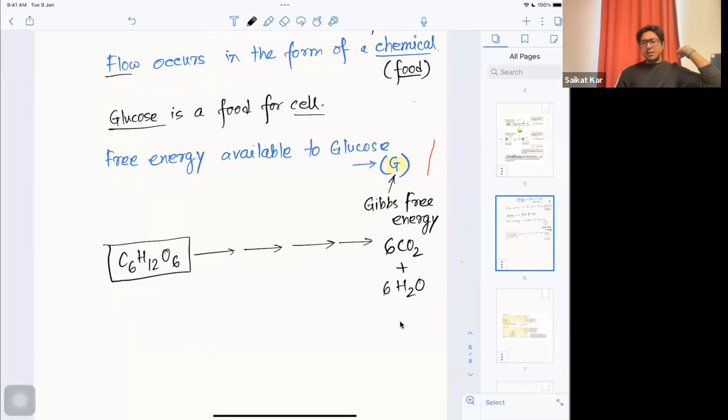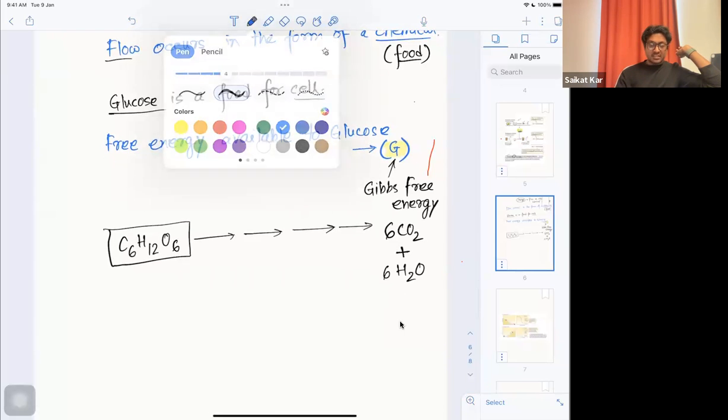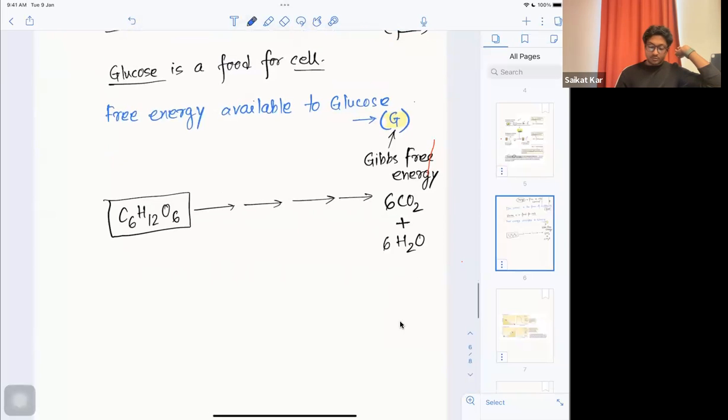I'm not going to balance it, because this is not a single step reaction, and there are so many things going in and out.